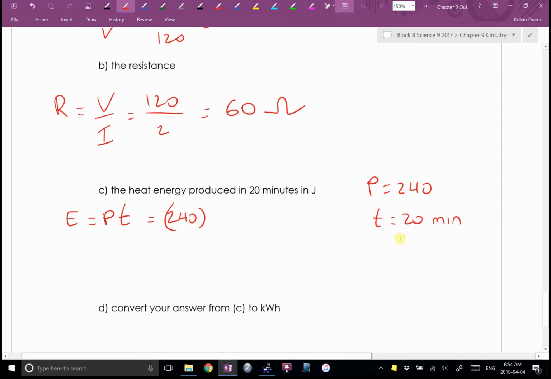Minutes. So I have to make that 1,200 seconds and plug that into there. So it's going to be 24 times 12. 12 times 12 is 144. Two of those, it's going to be 288. And then 3 zeros. Is that right? Is it 288 with 3 zeros? Joules?